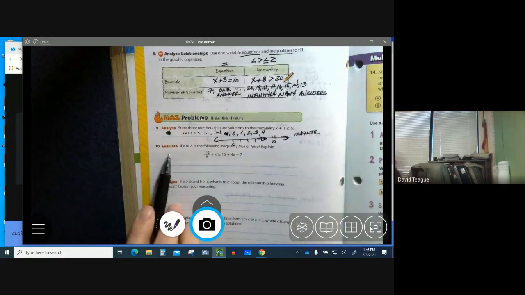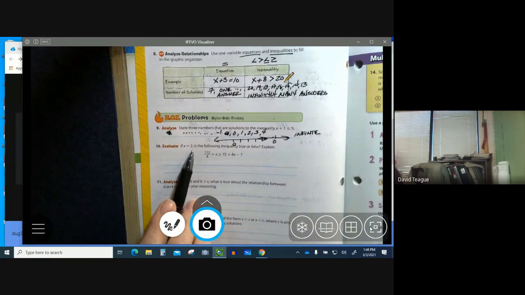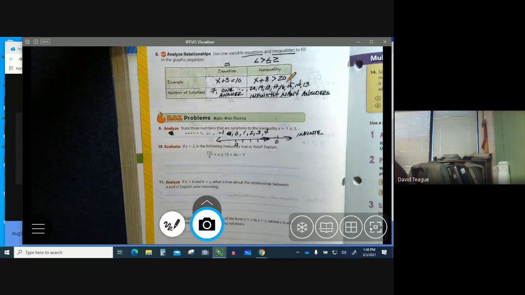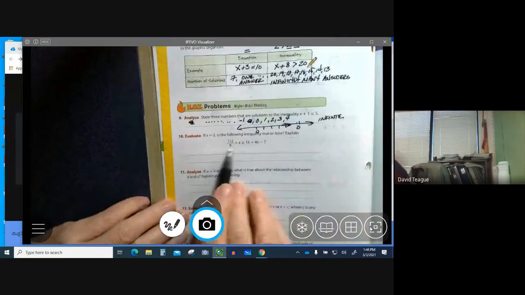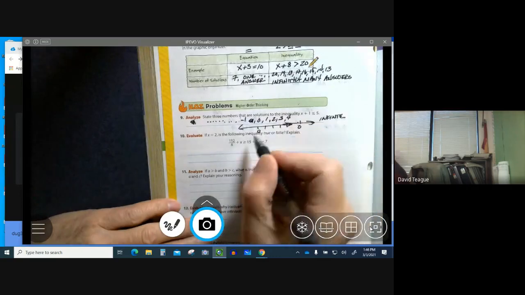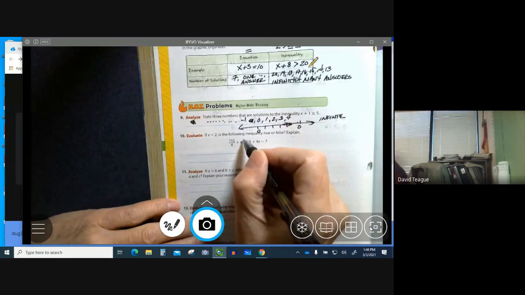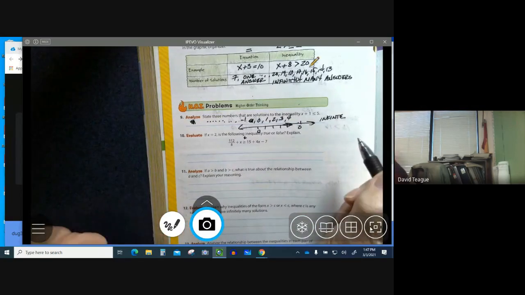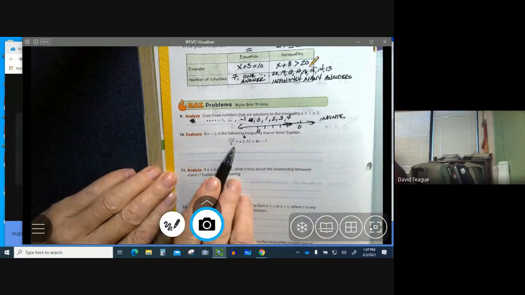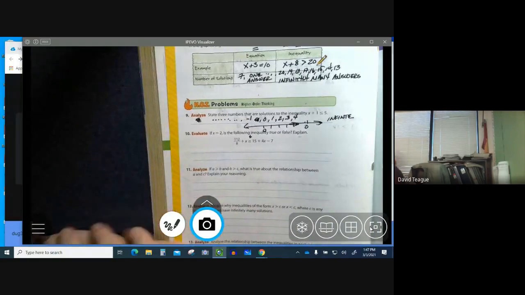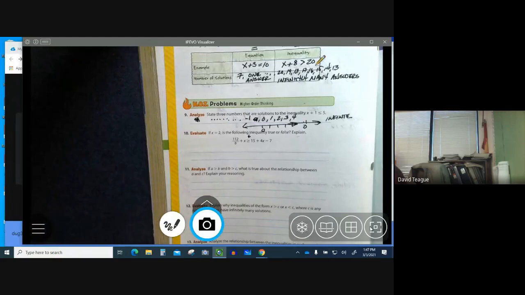Okay, number 10. If x is equal to 2, is the following inequality true or false? So you've got a lot of stuff going on there. But if you look at your sign, you know that it's an inequality because it's right there in the middle. So let's rewrite it with x is 2. It starts with this fraction right here. Can we simplify that?